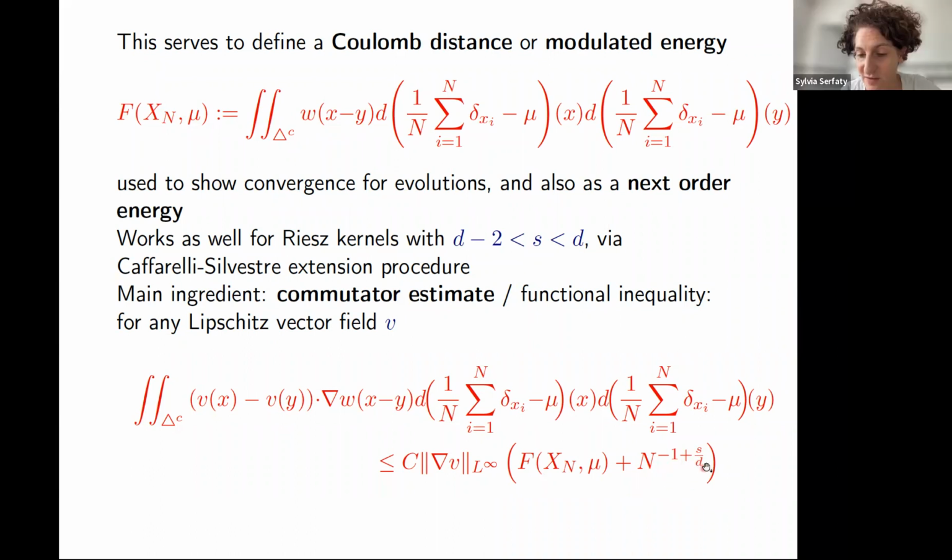Because I assume s is less than d. So it's a negative power of n. And the other thing is that F at the minimum is of the same order. So it could be that if you're in a good case, F is of the order n to the minus 1 plus s over d. And if you're in a worse case, it's even bigger. So this can be considered as a small additive error, I would say.